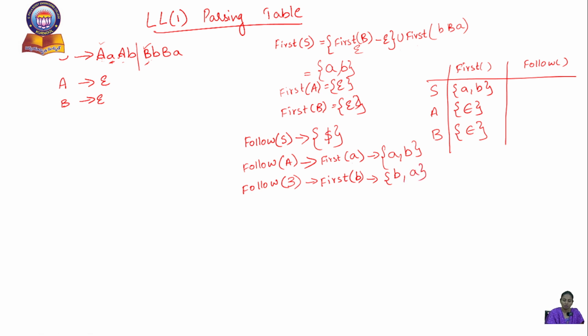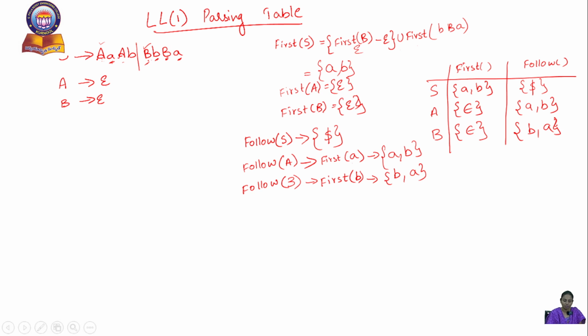Why? Because for the follow function of B, this B will come, and the second B is also followed by another terminal, so we have to consider the A. So here we have only the dollar, here A comma B, and here B comma A. So these are the first and follow functions.